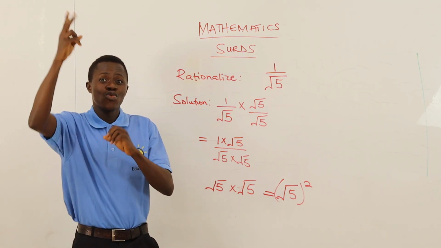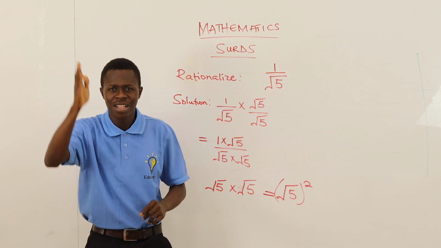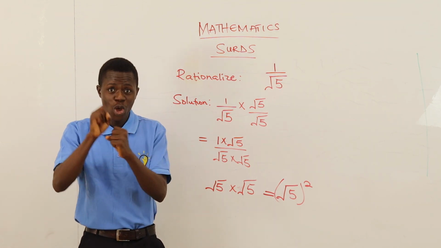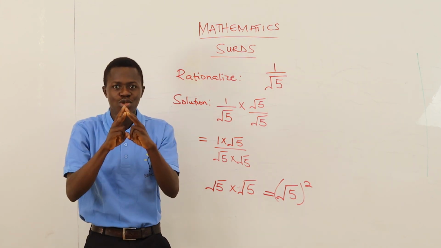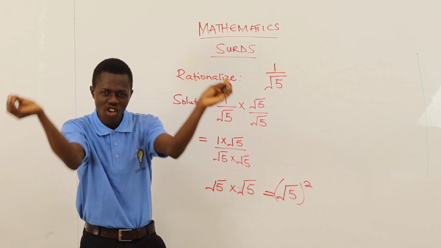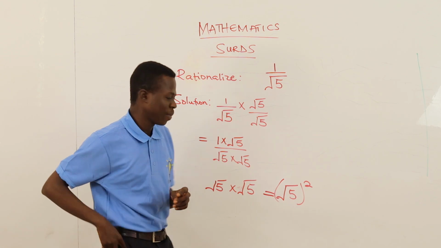And again, remember that the power 2 and the square root sign will cancel each other out. So will the square root sign be there again?